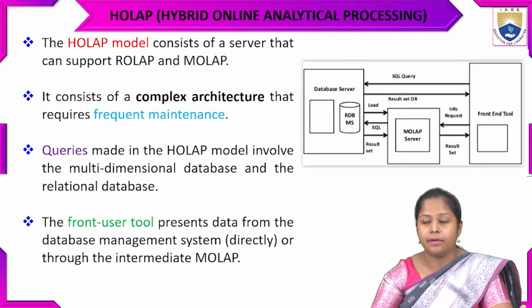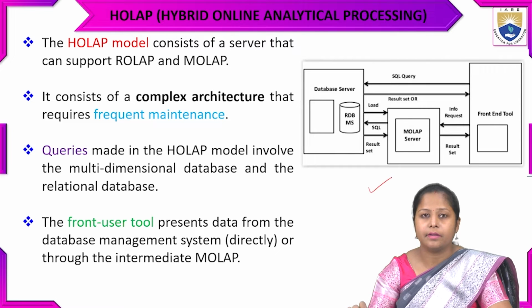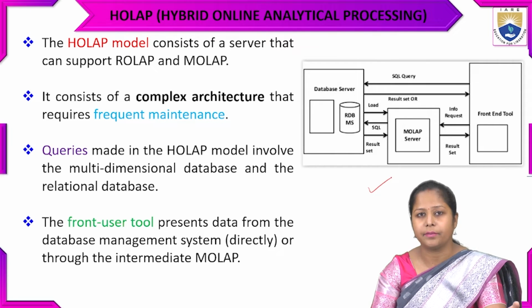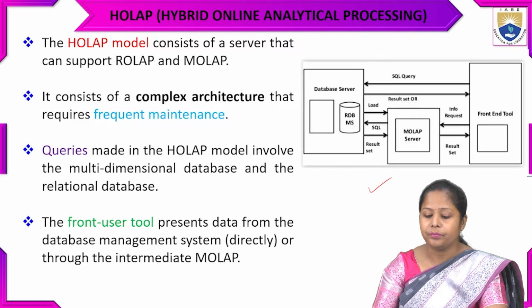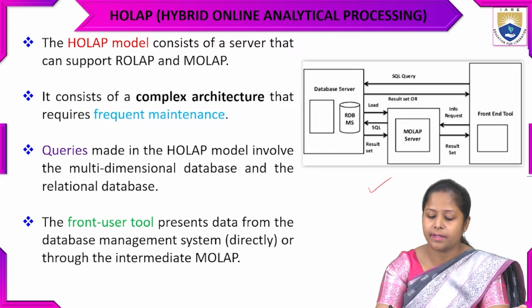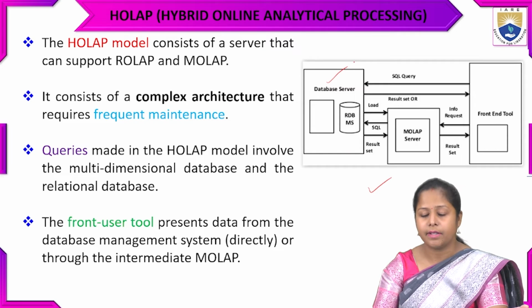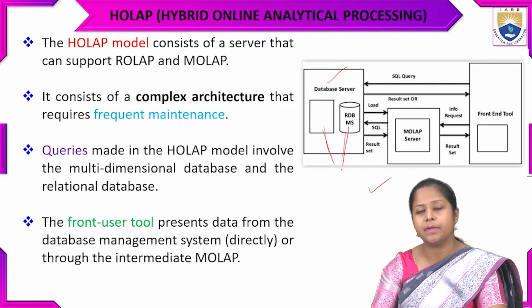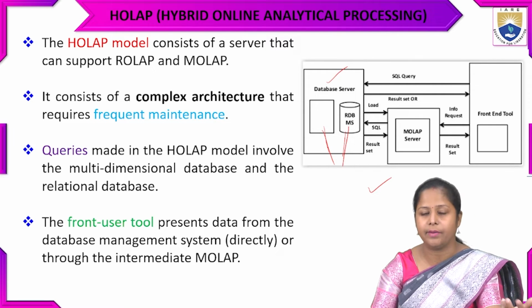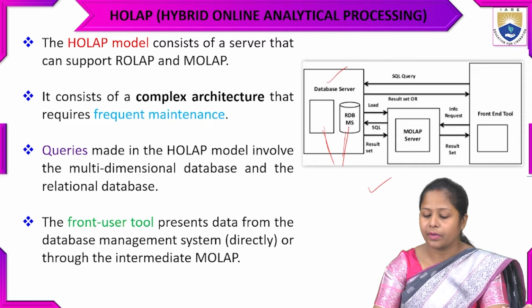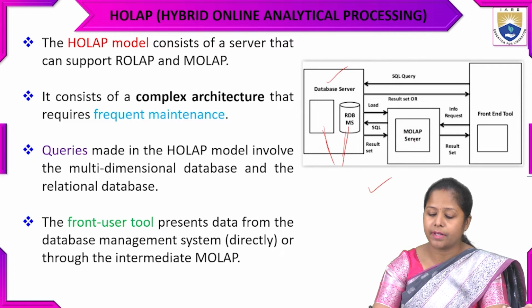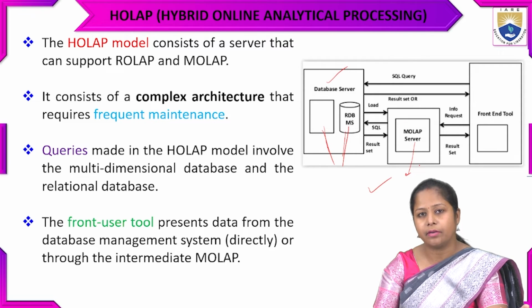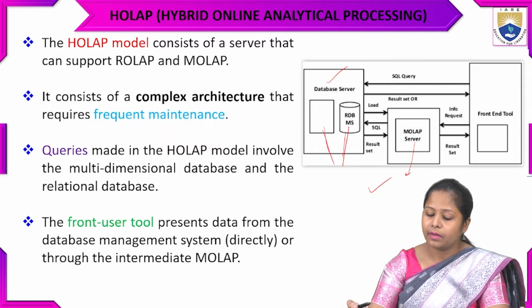Here we can see in this figure the block diagram of the hybrid OLAP server. We can see the database server, which is having the relational database management system and some flat files. There will be the OLAP server in the middle of the architecture.